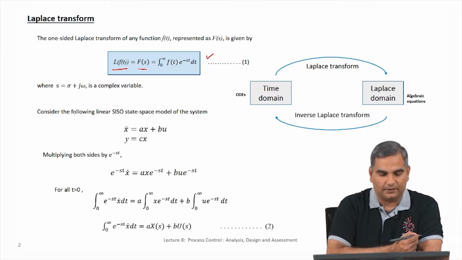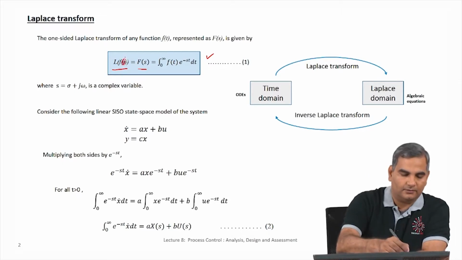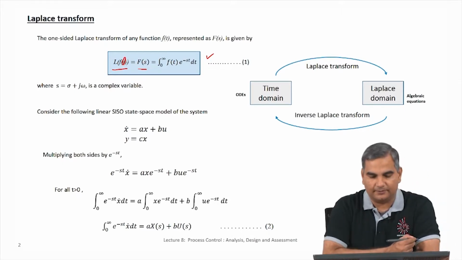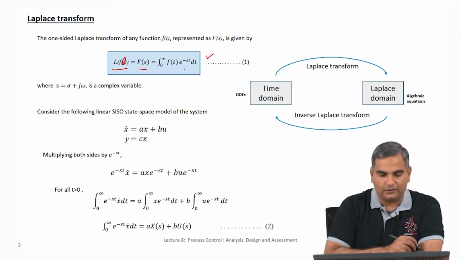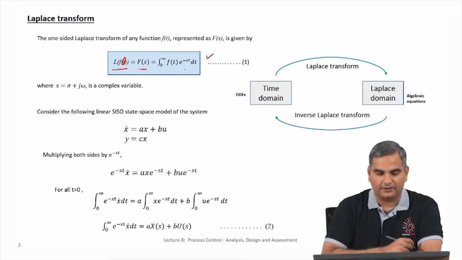So, small f to capital F, and this variable is t and here the variable is s. And let us just make sure that the right hand side is also in variable s. So, since we are integrating from 0 to infinity f of t e power minus st dt, the t will get integrated out and what will remain will just be a function of s.